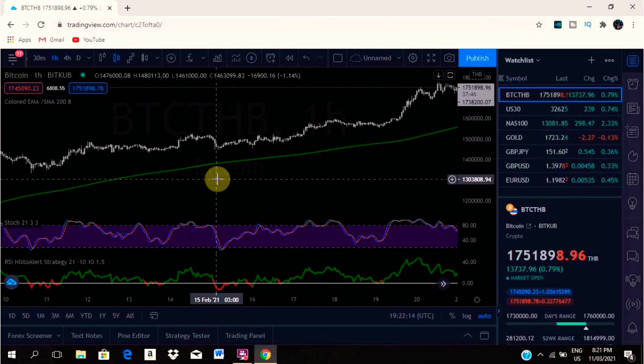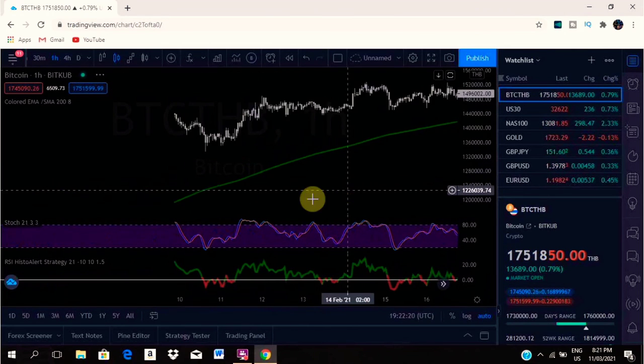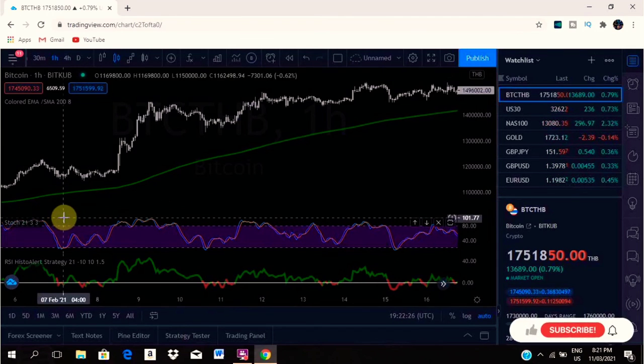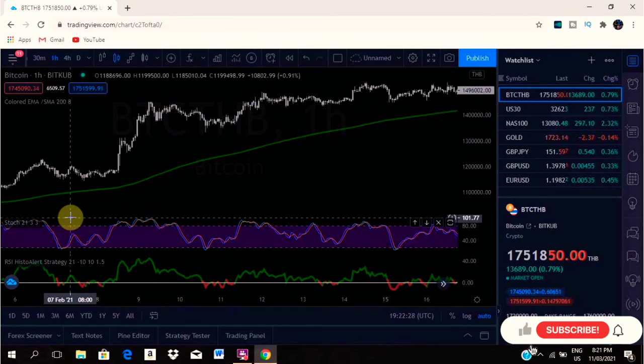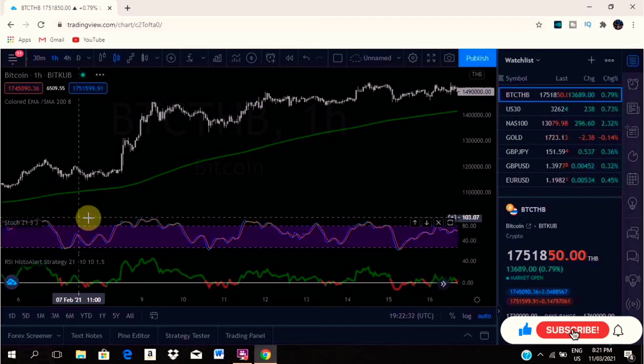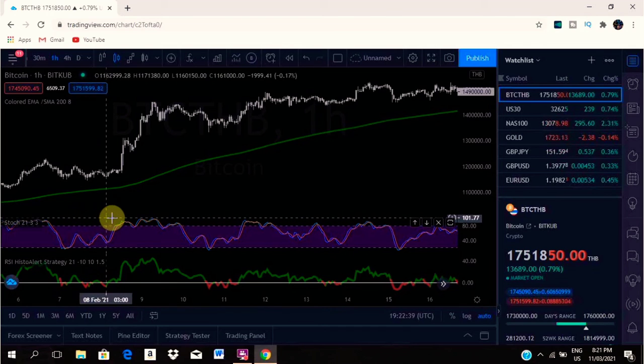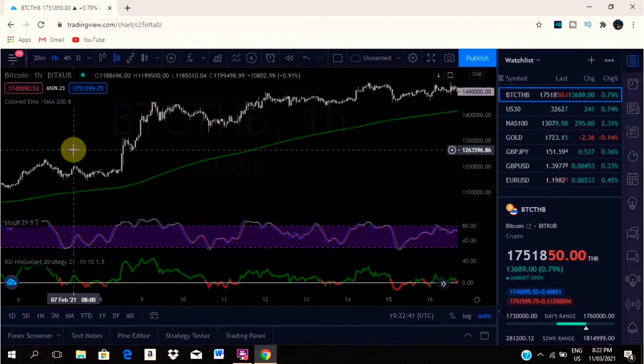You can see here you can buy because the market is oversold, and this area also you can buy. This area also you will buy because the market is oversold. And then you can see your RSI is majorly above 50.